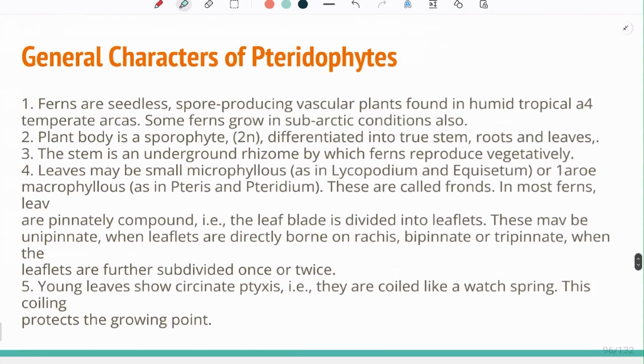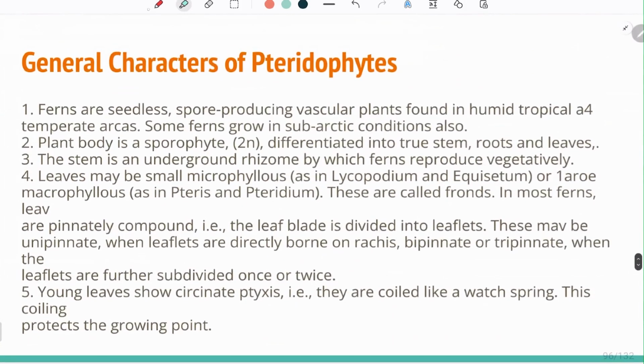Now, general characters of the pteridophytes. Ferns are seedless, which is why they are not part of the spermatophyta. If seeds are not produced, spores are produced.